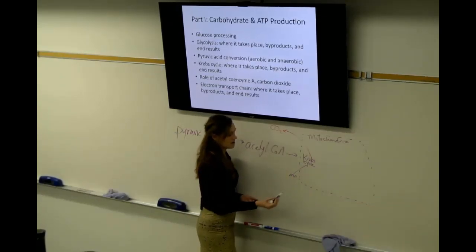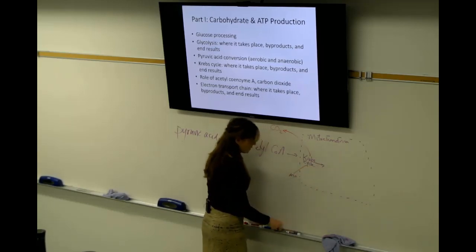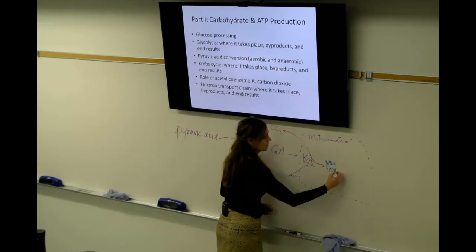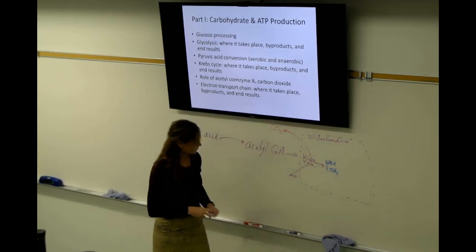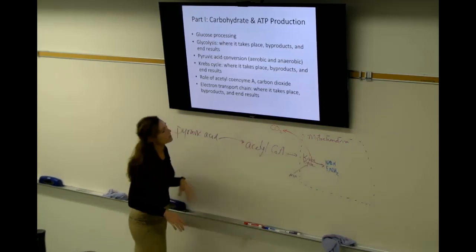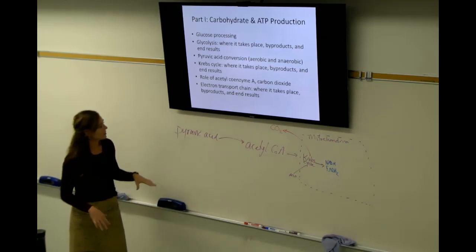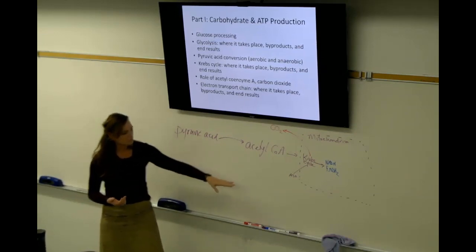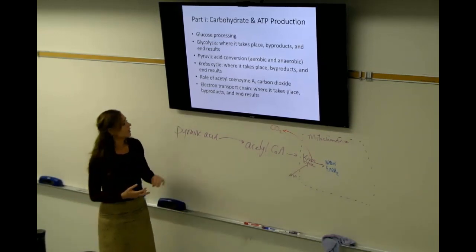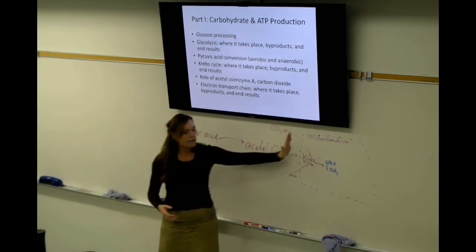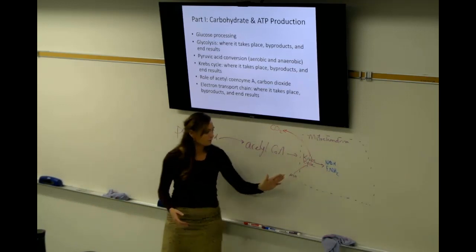We get more NADHs and FADH2. We're going to leave that be since we're here at carbohydrates. So as far as glycolysis goes, we got 2 ATP and 2 NADHs, which we'll also send over here and talk about in a moment. Then we get the pyruvic acid. Pyruvic acid becomes acetyl-CoA so it can enter the mitochondria and enter this Krebs cycle.